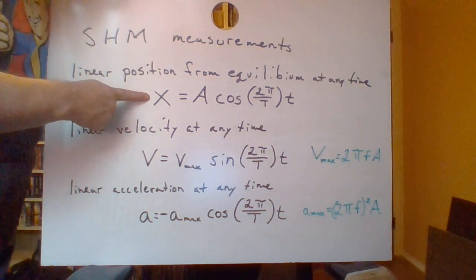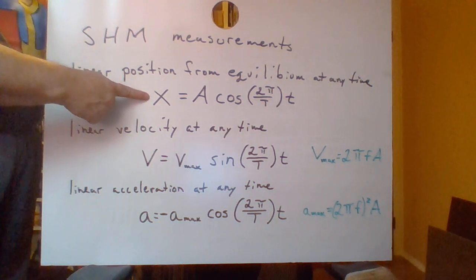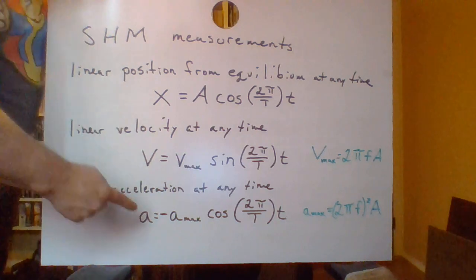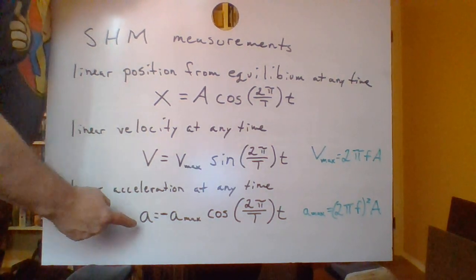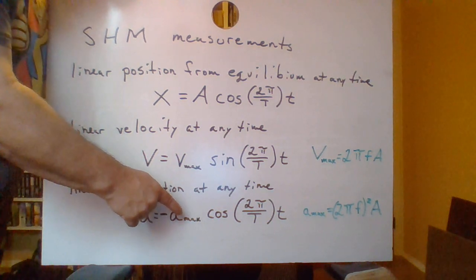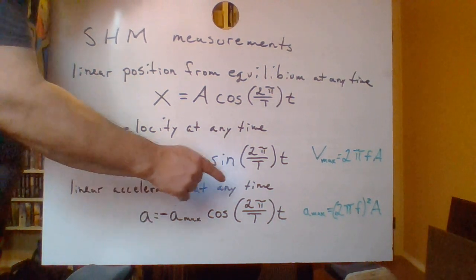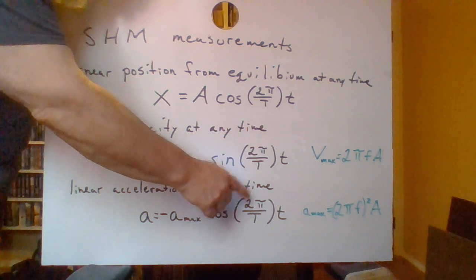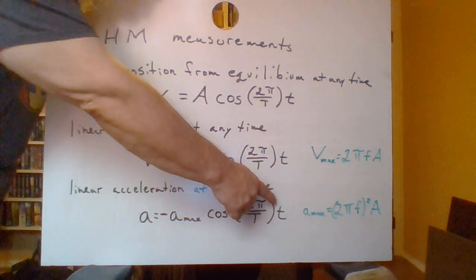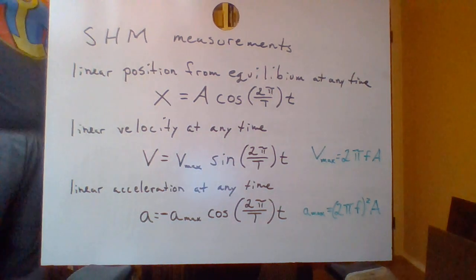So the direction of acceleration is always in the opposite direction to the displacement from equilibrium. So that's why the negative sign is there. So the acceleration is whatever maximum acceleration it would have at its start times the cosine of 2 pi over capital T, T being the period, times the time within that cycle.